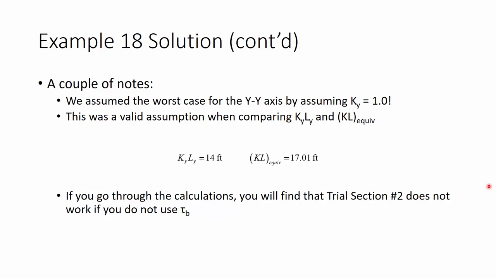And not only is it completely allowed within the specifications, but it makes behavioral sense to use tau. I mean, columns exhibit inelastic behavior, so capturing that in your analysis is a completely valid and reasonable thing to do. So the final answer for this example is to use the W12x152.